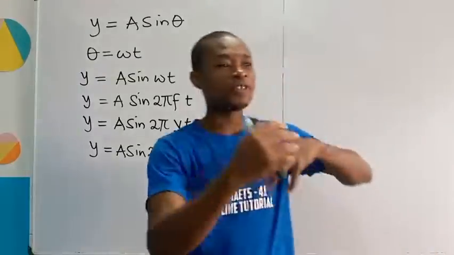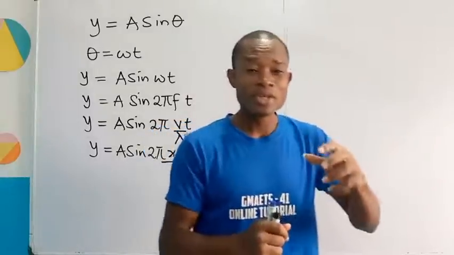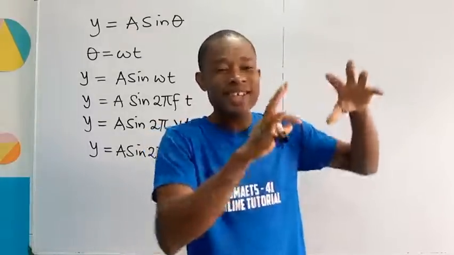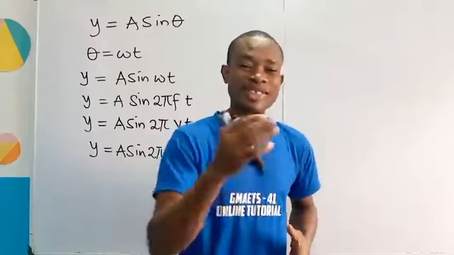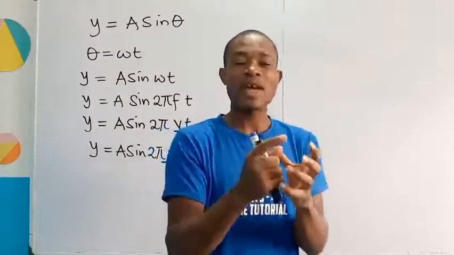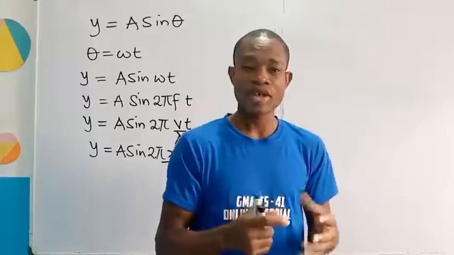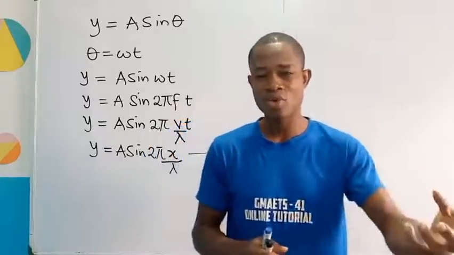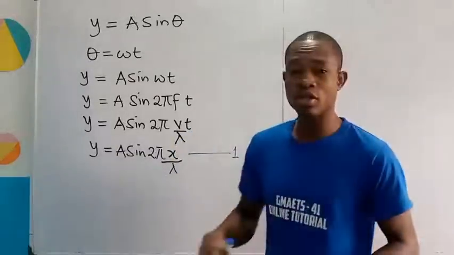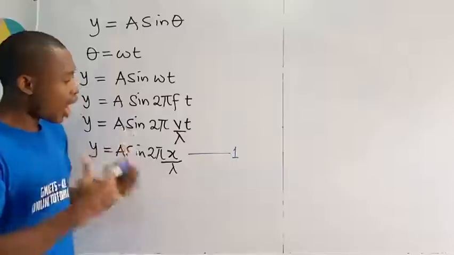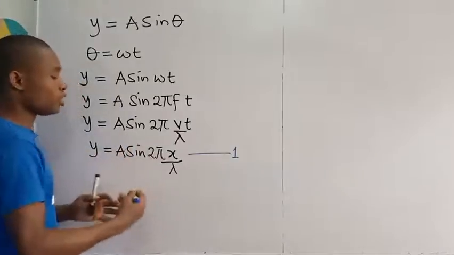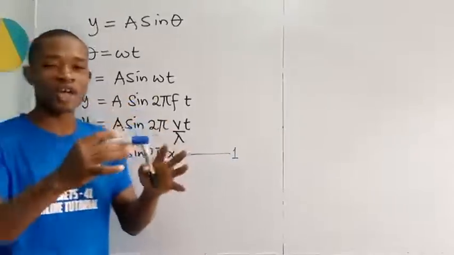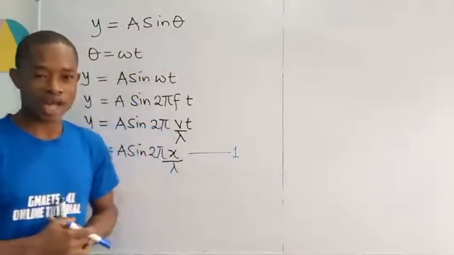Which means if a wave is in motion, we can use the speed of the wave and the time to determine the distance that the wave covers at any particular point in time. So what we're going to do now is introduce time into this equation. I want us to see an equation of the progressive wave that will contain both the distance x and the time.